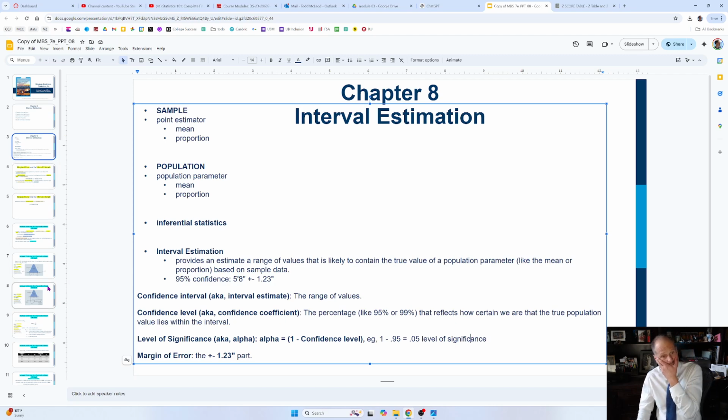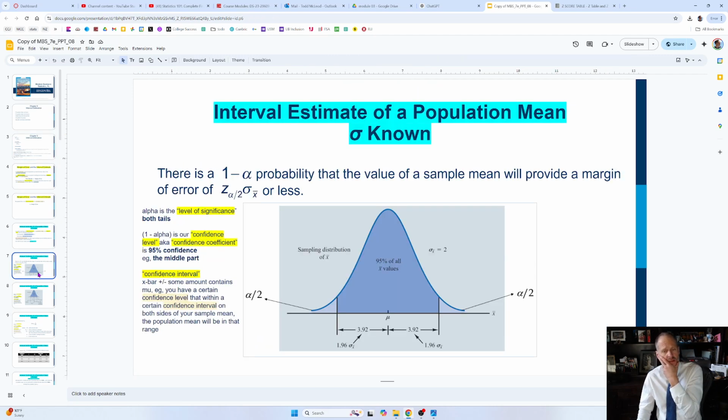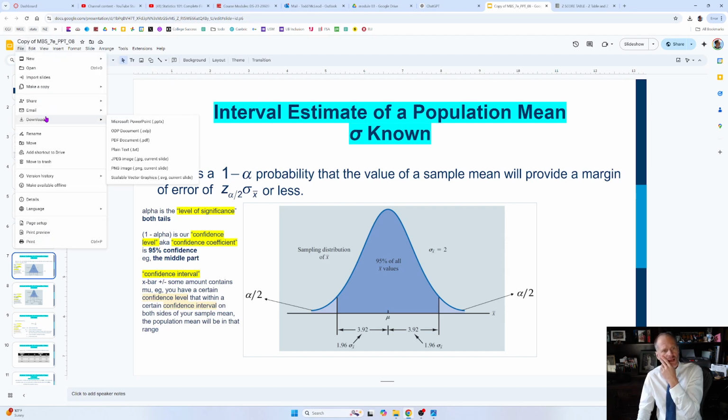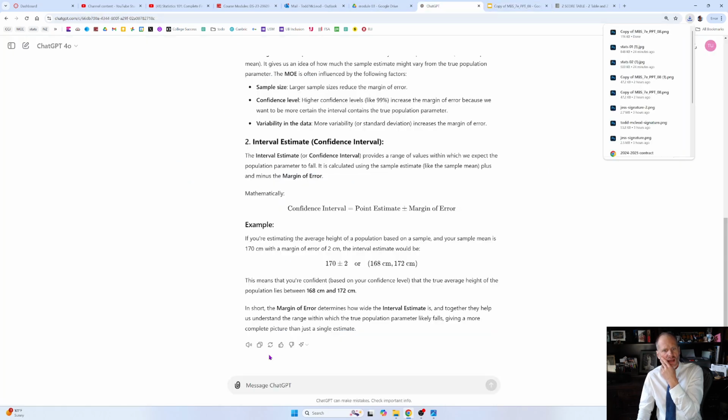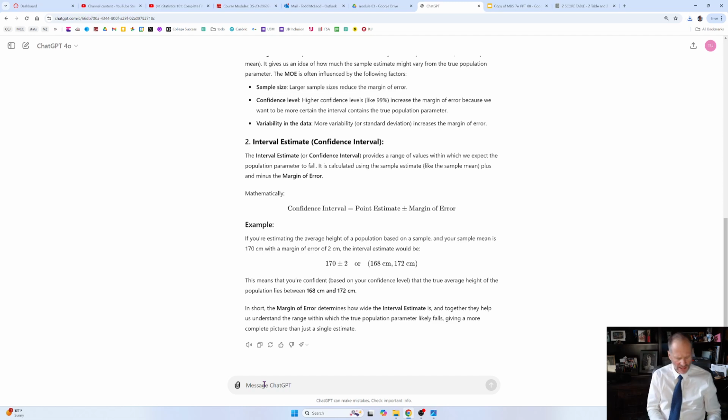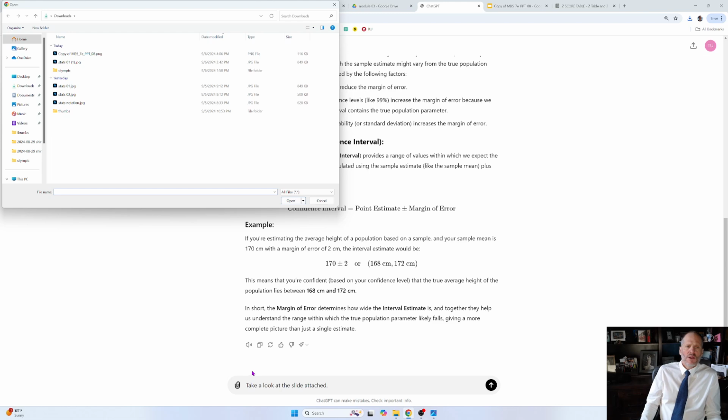And so, a lot of terms to wrap our heads around here. And so I'm going to download this slide here. I'm going to go to File, Download, and just get the PNG. And then I'm going to go to chat, and I'm going to say, take a look at the slide attached. And we'll attach that slide. Upload from my computer.